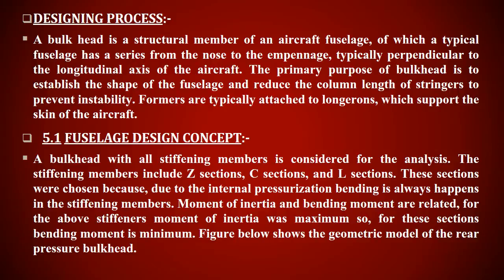We have specific dimensions for every part: for the bulkhead, for stringers, for longerons and for frames. Every part included in this project has separate dimensions. If the dimensions vary, we can't make the project properly.